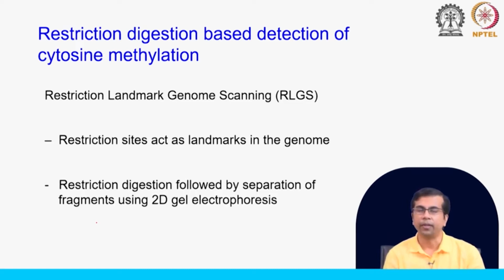So, this method applied this restriction digestion following the same principle that I just mentioned, and then it separated these fragments using 2D gel electrophoresis. Okay. So, very briefly, if you have methylation and if you do not, the pattern on 2D gel electrophoresis will be different, right. You can then separate out fragments, and then from that you could deduce, okay, where you have the methylation and where you do not. Okay.